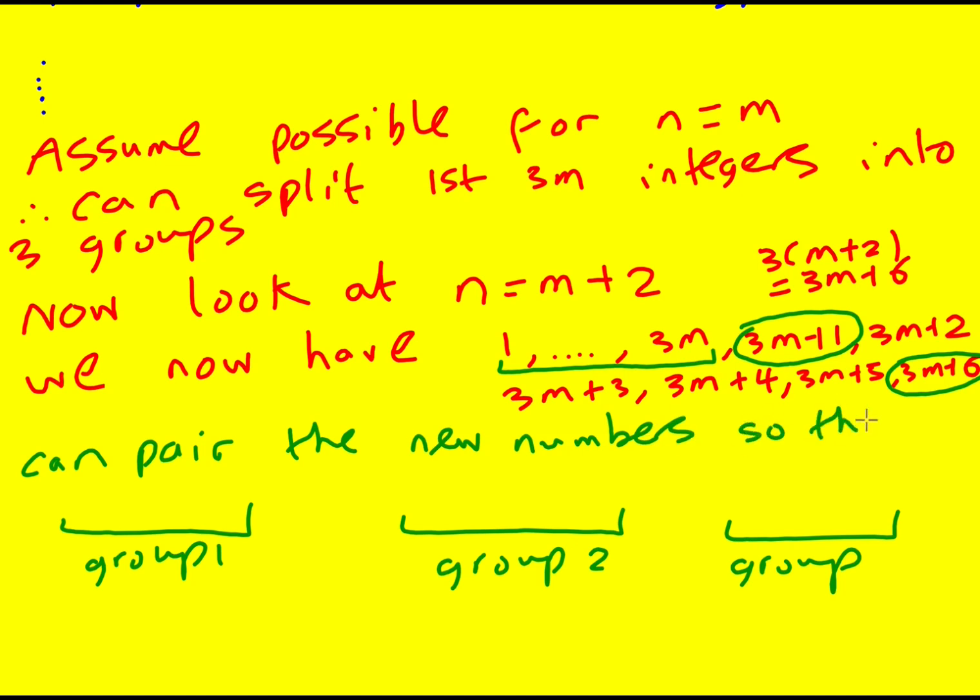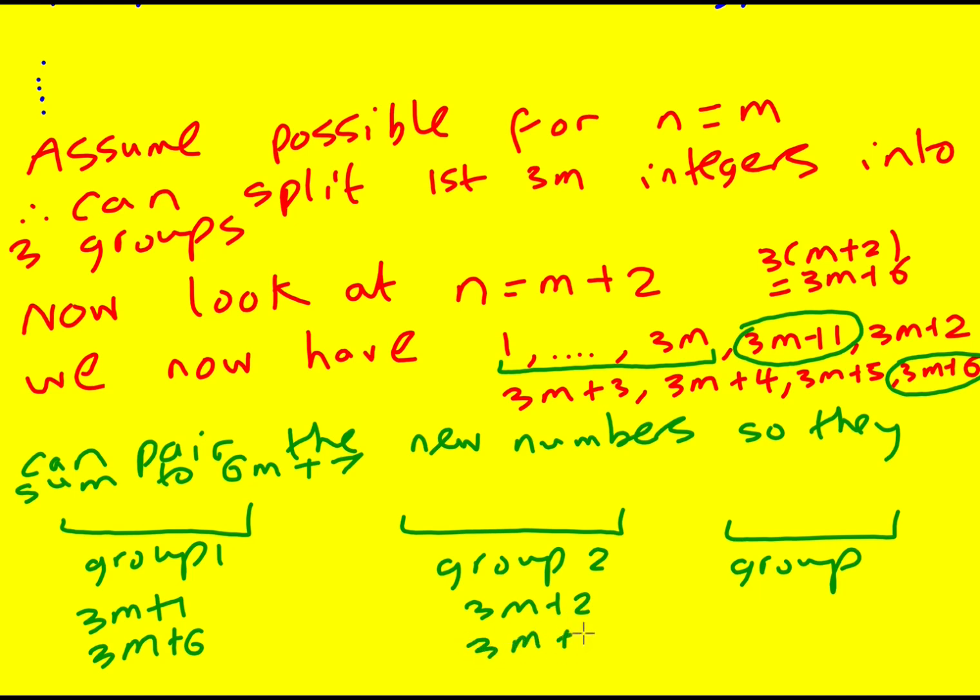They sum to 6m plus 7. And I've got my group 1, and I can simply put 3m plus 1 and 3m plus 6 with it. I can put 3m plus 2 and 3m plus 5 in this one, and then 3m plus 3 and 3m plus 4 in this one.